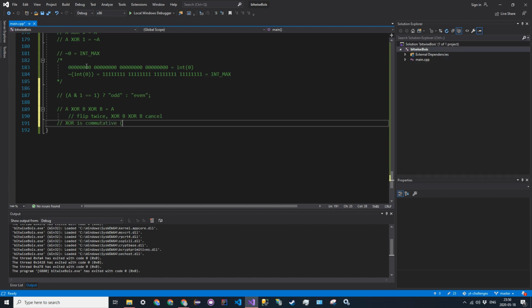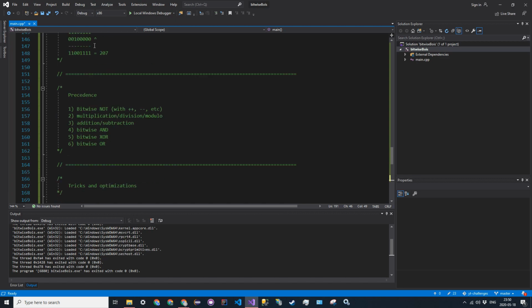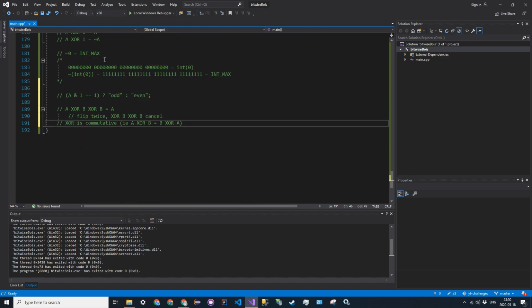So this means that A XOR B is equal to B XOR A. Now this is pretty much true for all of these, except for the shifters. And this can actually help us do something cool, which is swapping integers without a temporary variable.